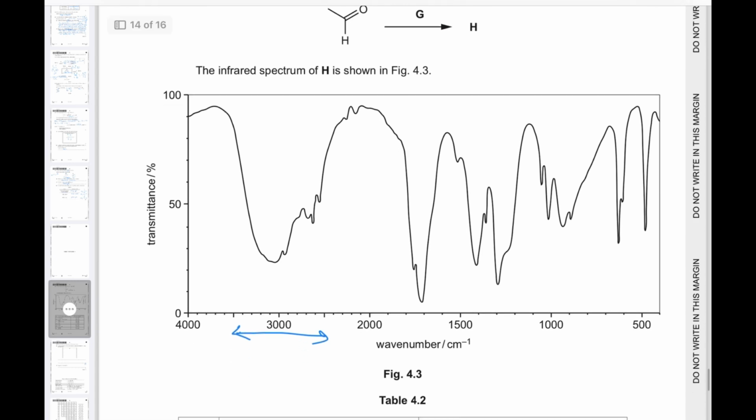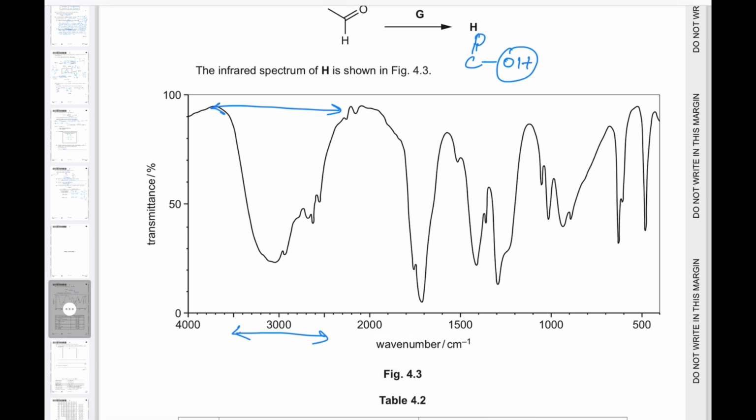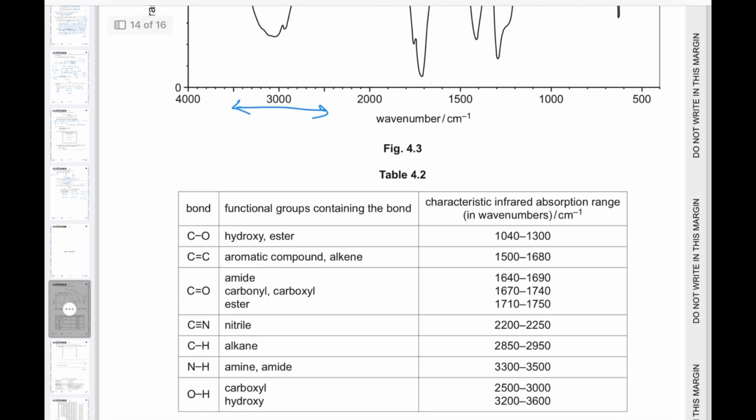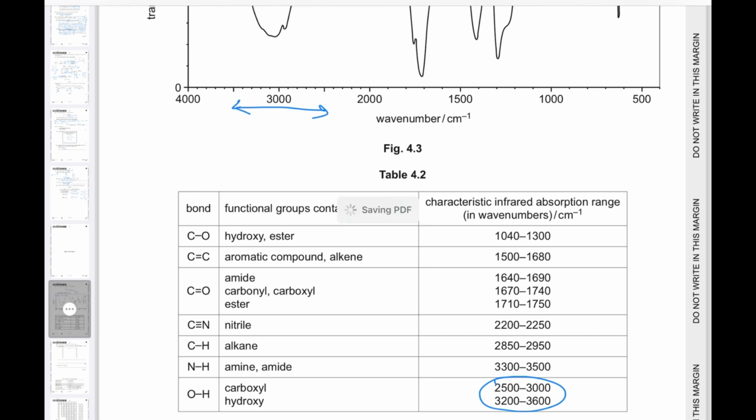This particular broad peak is often an indication of the presence of a carboxylic acid, where the O-H bond over here causes this peak, right? And you would also confirm that by this range between 2500 to 3600 that occurs due to the carboxylic acid group.